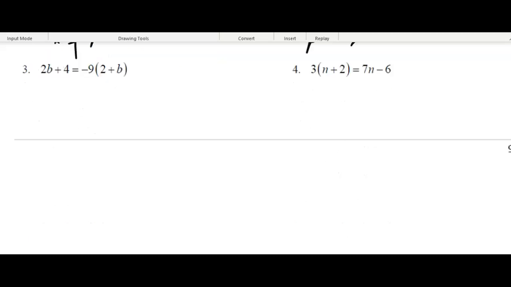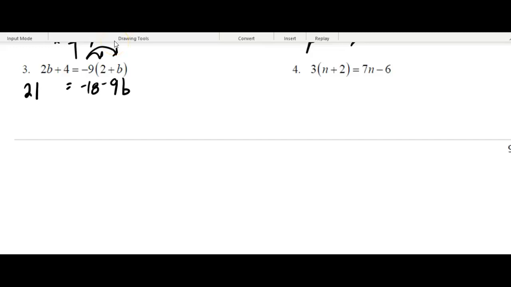And my other 2 examples of the day, they just throw in, you've got to do a distributive property first. So I'll do my distributive property first. So that becomes negative 18 minus 9b, because I did negative 9 times 2, negative 9 times b.